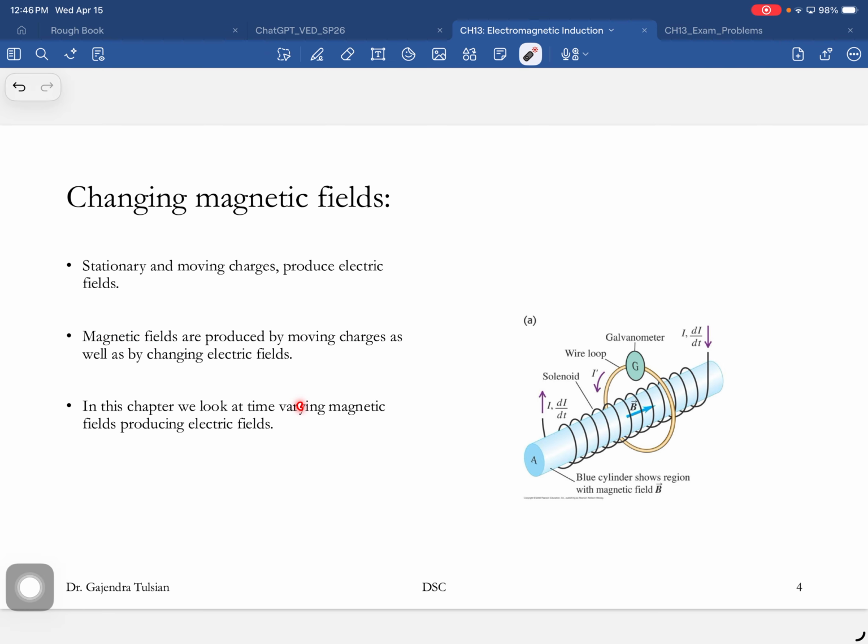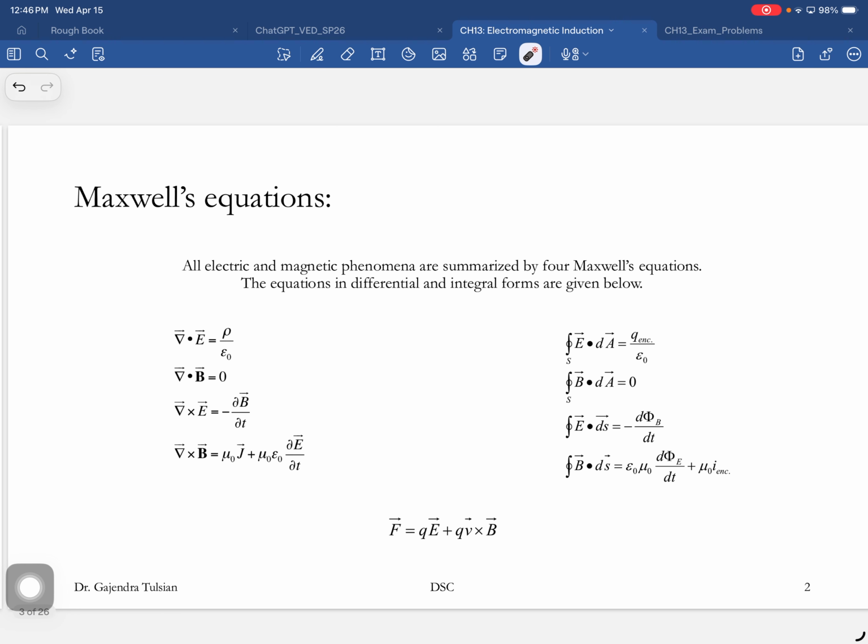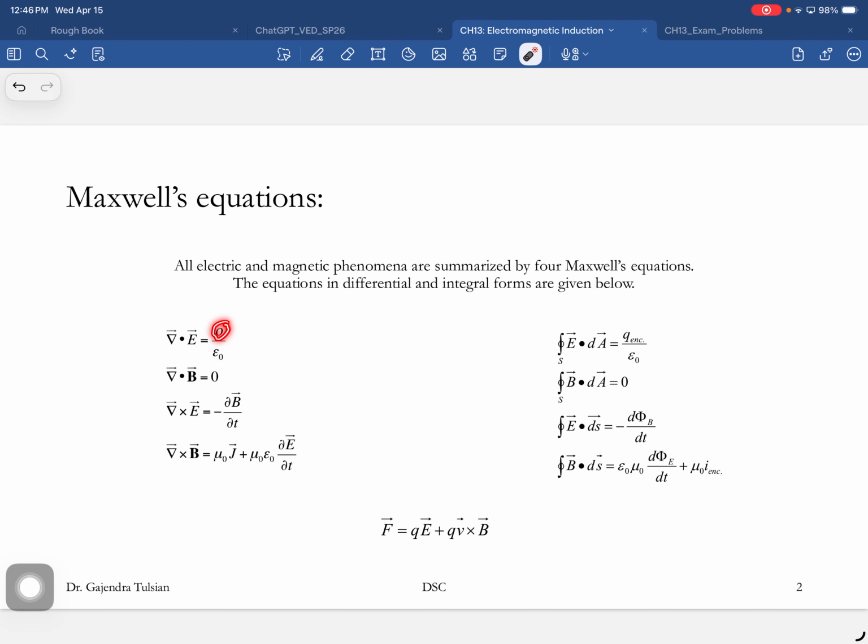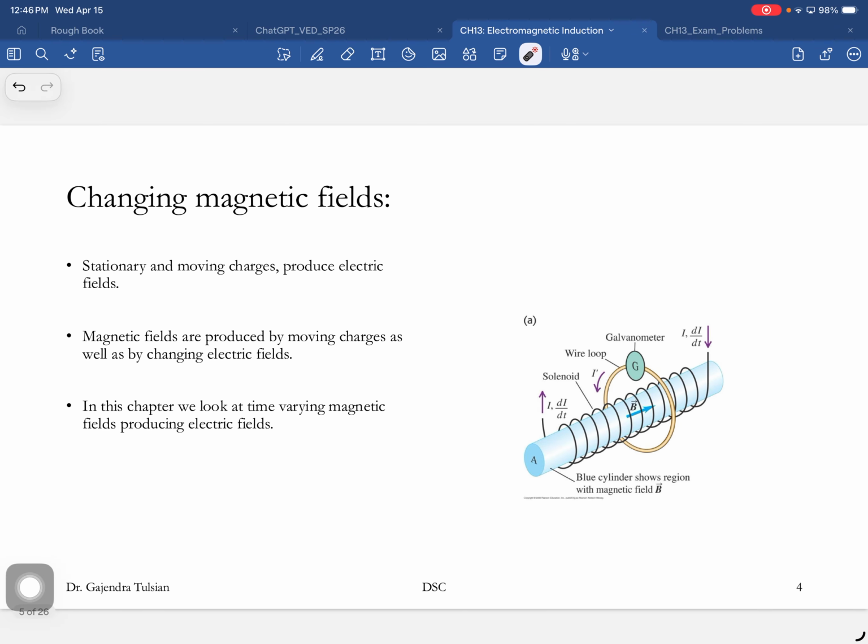And now we're going to talk about time-varying magnetic fields producing electric fields.